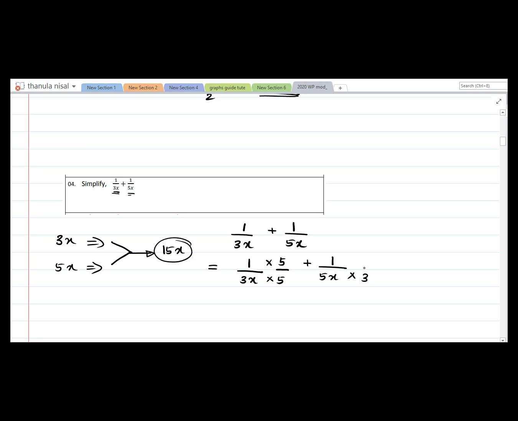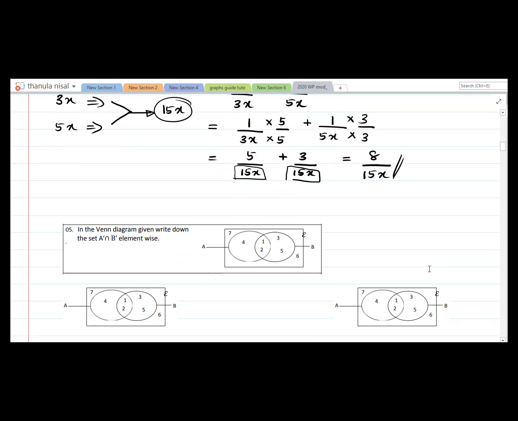To make that, we should multiply it by 3, and multiply the numerator by 3 too. Now all the denominators are 15x. Here you can find 5, here you can find 3. Now the denominators are the same, so we can easily add. That is 5 plus 3, that is 8 over 15x.